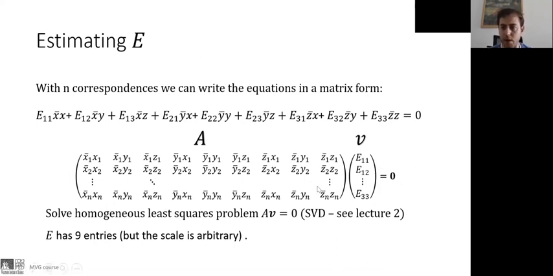So you're actually looking in this case for the null space of A, right? The vector that zeros A. But A has only 5 rows and 9 columns, so the dimension of the null space is 4 in this case. It is spanned by 4 vectors.